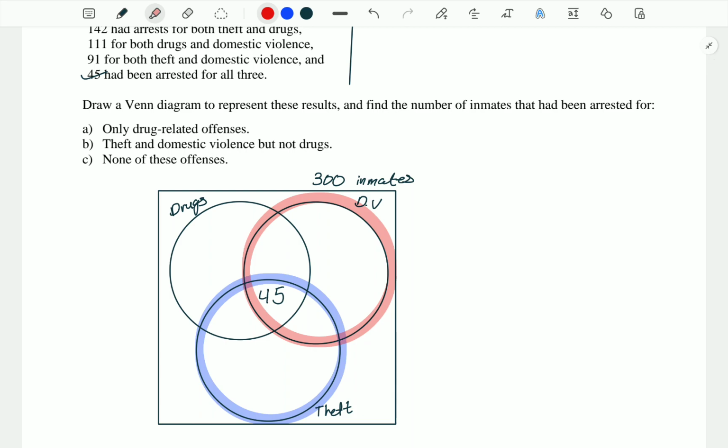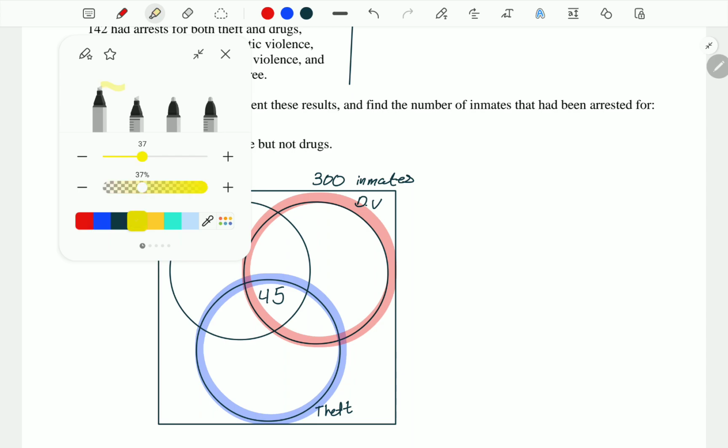So the overlaps for both must add up to 91. Most people will see this and put 91 right here. I'll put it in red for reference. You'll put 91 right here. But if you put 91 right there, that is incorrect. Rather, it is partially correct, I should say. Let's get rid of the 91.